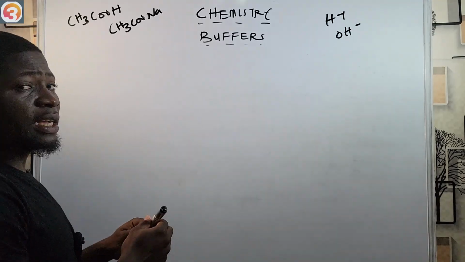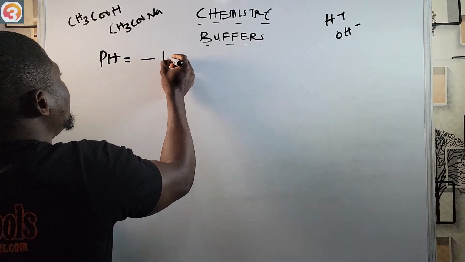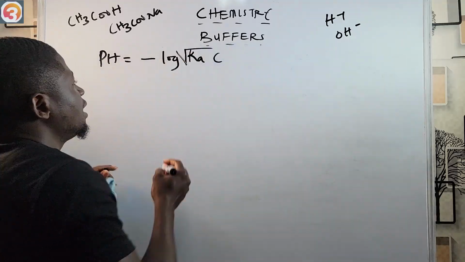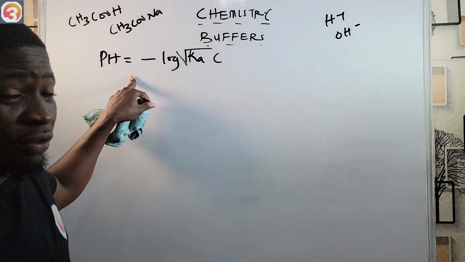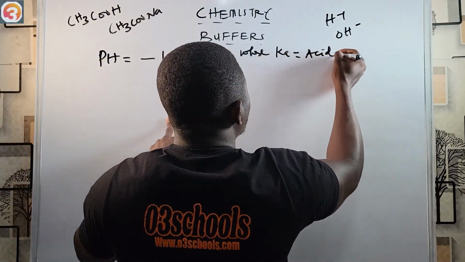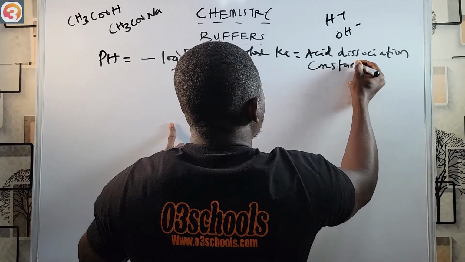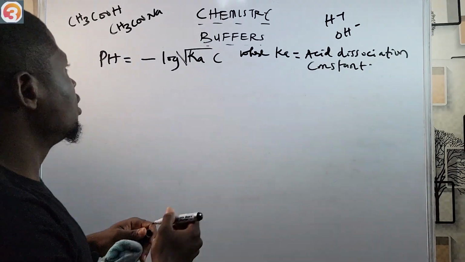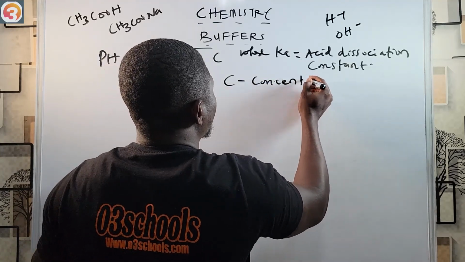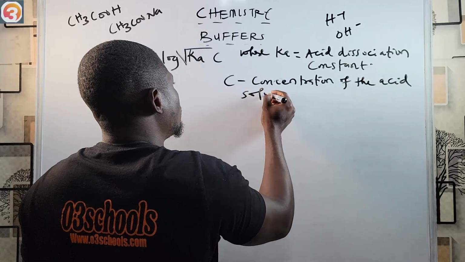So for example, if you want to calculate pH of a weak acid, we have pH equals negative logarithm of root Ka times C, where Ka is the acid dissociation constant, and C is the concentration of the acid solution.